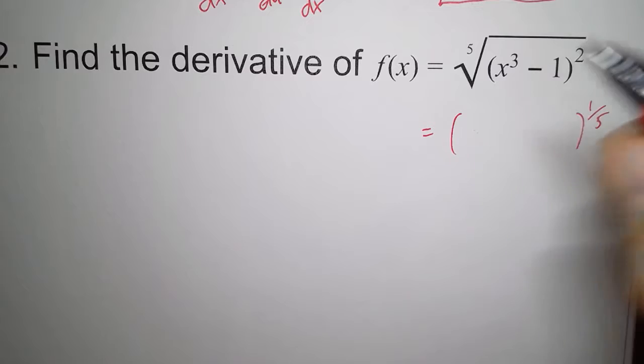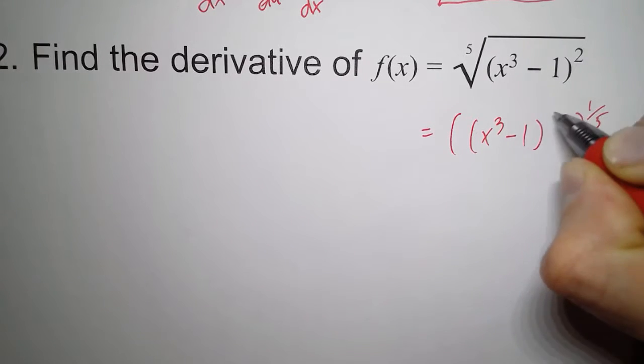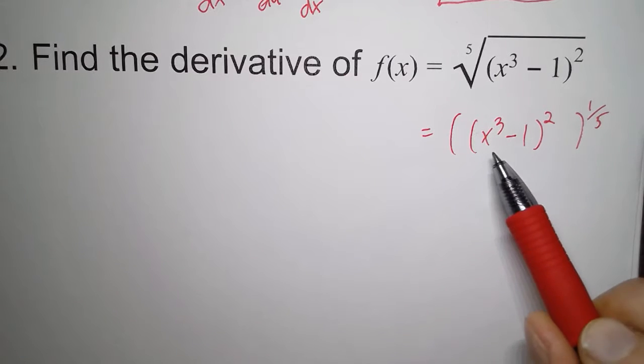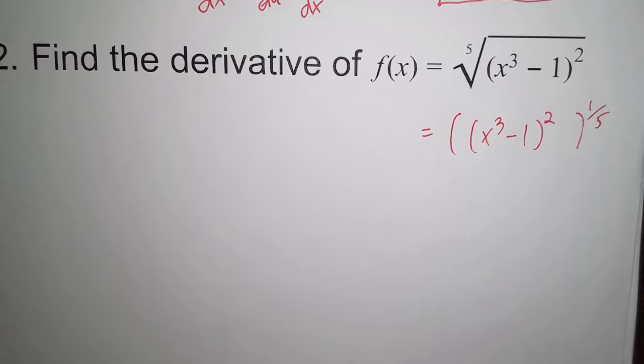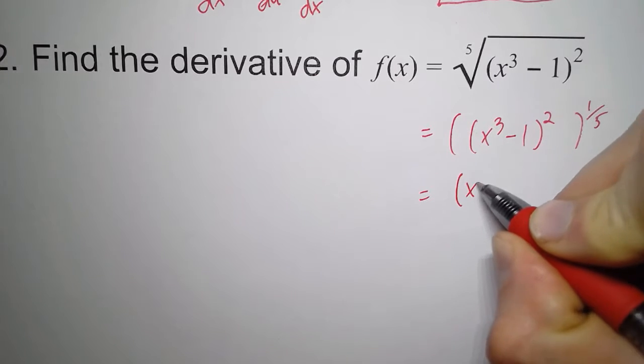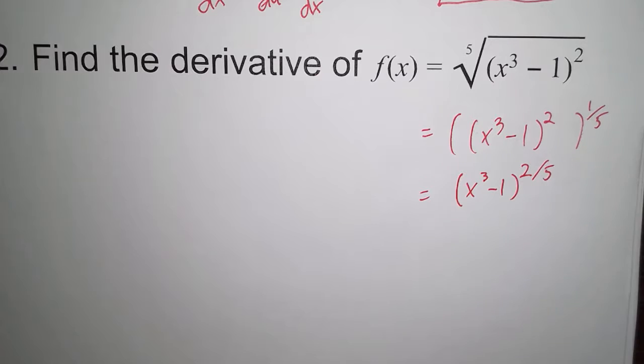So let's put this entire quantity inside it. So x to the third minus 1 squared. So x to the third minus 1 is being raised by two exponents, the 2 and the 1/5. Now, when you have two exponents, you multiply them. So we have x to the third minus 1 to the 2/5.